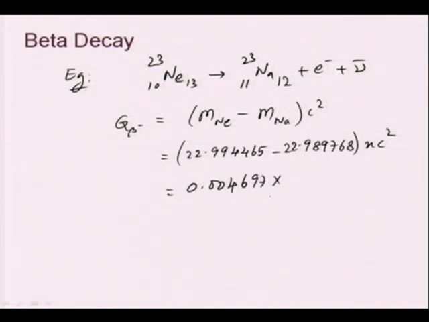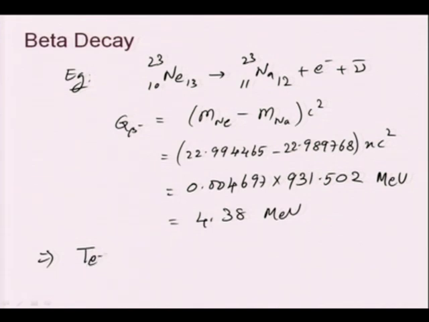So, the energy is basically 0.004697 u c squared, and you can convert it into MeV. The conversion factor to convert u c squared into MeV is 931.502, which gives 4.38 MeV. So, that tells you that T electron maximum in this case is 4.38 MeV.